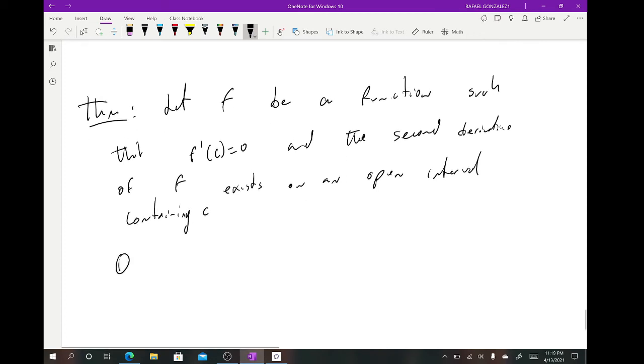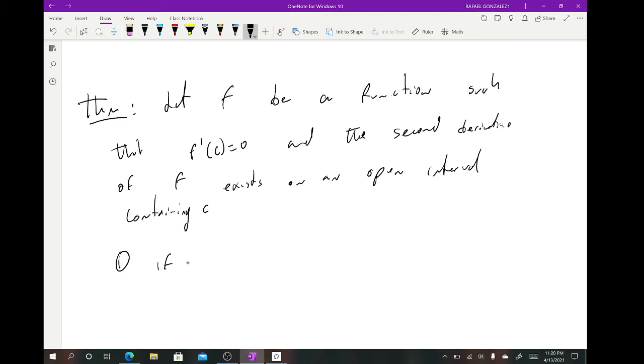And the following two things hold. If the second derivative at c is bigger than 0, then f of c is a relative minimum.